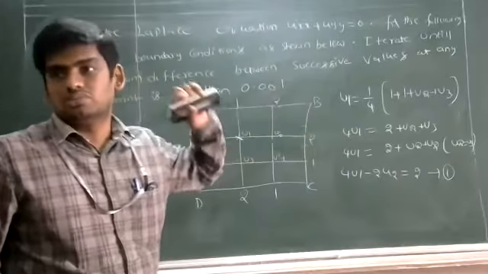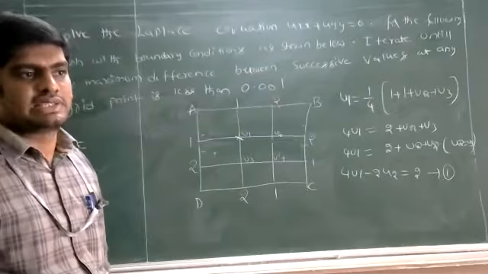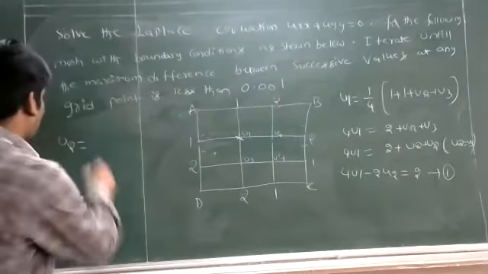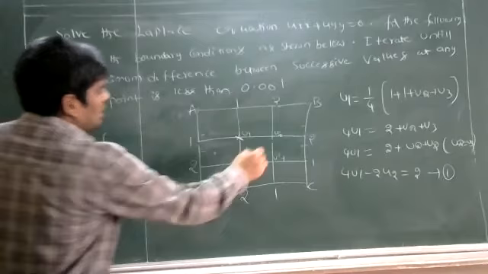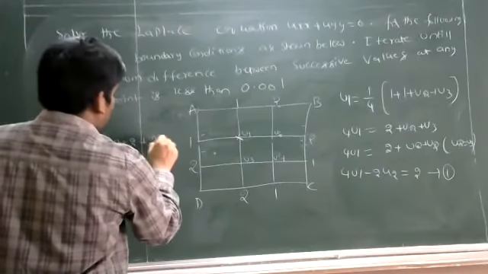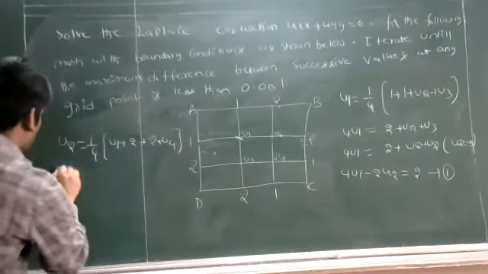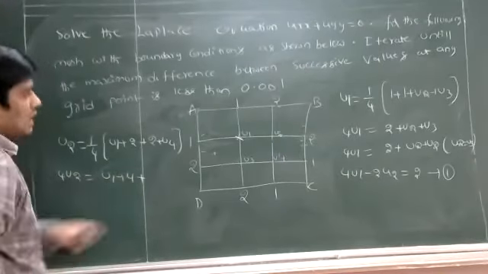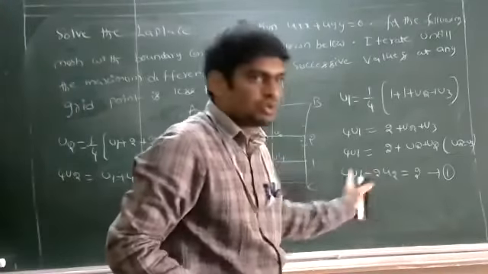B is unknown, so it is also not possible in this case. So we must apply the SFF formula only. Right, 1 by 4 into u1 plus 2 plus 2 plus u4, right, so 4u2 is equal to u1 plus 4.